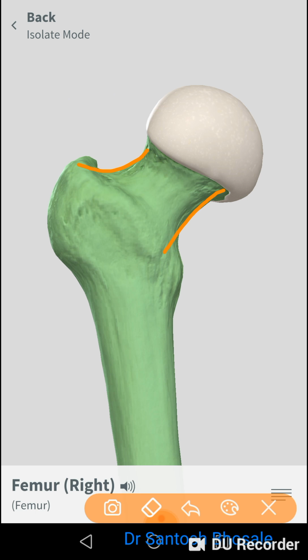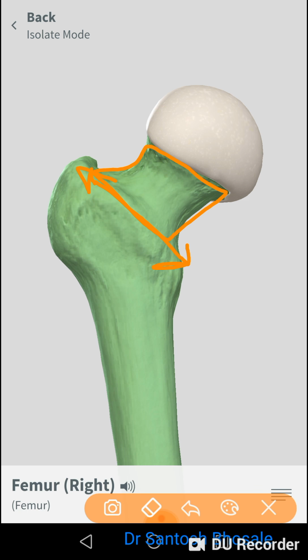The upper border is concave and horizontal, whereas the lower border is straight and oblique, and the anterior surface is flat. This is the anterior surface of the neck. You can see it is flat and meets the shaft at the intertrochanteric line, as we already discussed. This is the intertrochanteric line anteriorly and is entirely intracapsular.